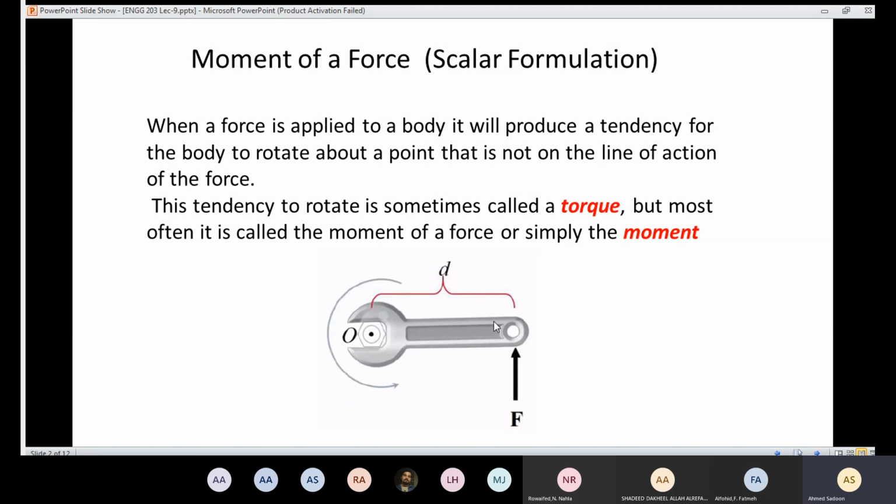So if you are holding a wrench and you apply force in that direction, the bolt here is not going to rotate. Like I said, we call this tendency a torque, but most often it's called the moment of a force or simply the moment.